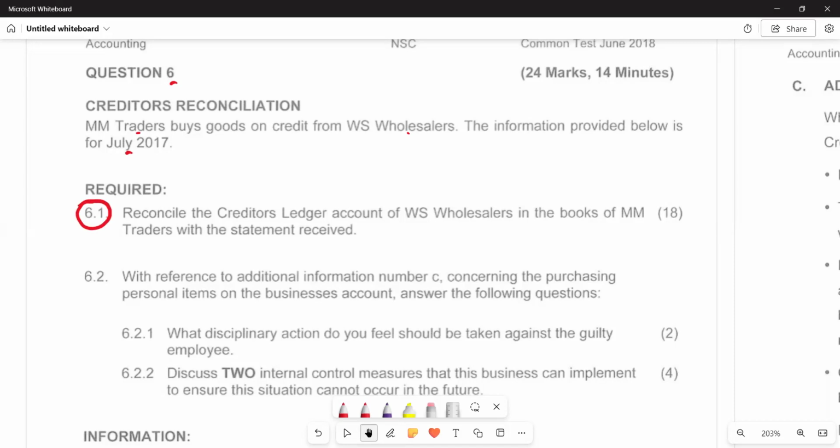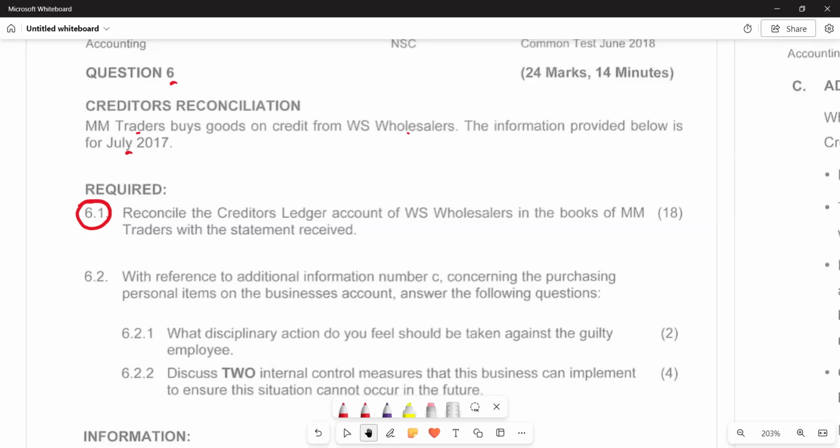So remember, a reconciliation is prepared whenever there is a difference between the creditors ledger in our books as a business. In this case, we've got Traders as the business. So in the books of Traders, that's where we are going to have a creditors ledger whereby WS Wholesalers' account is going to be opened.